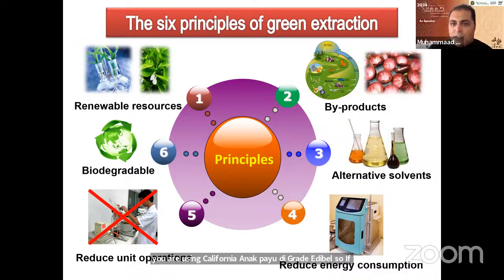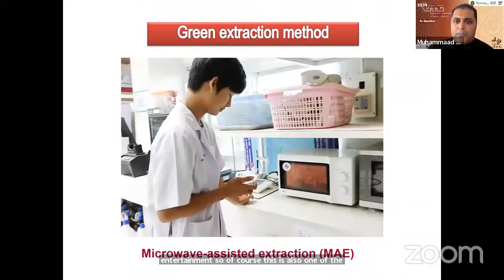Instead, if you use some polymers like Amberlite or some other Sephadex, and there is another Diaion, these are different resins and polymers which are biodegradable in nature. If you are using them in column chromatography for the extraction or for the enrichment, of course, this is also one of the important principles of green extraction.